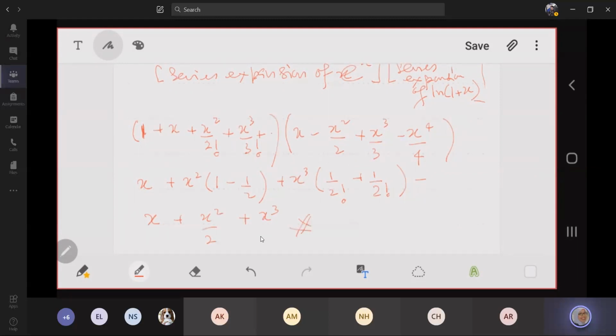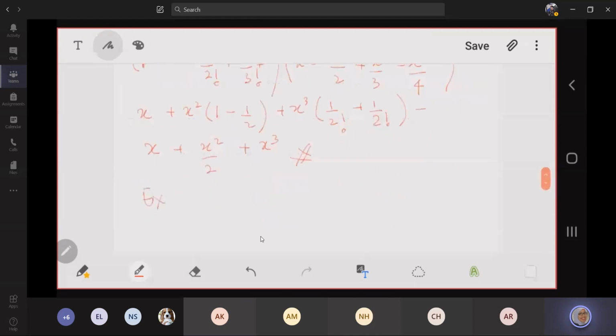Okay, example 4. Let's say you have sine of a plus x, where a is a constant.